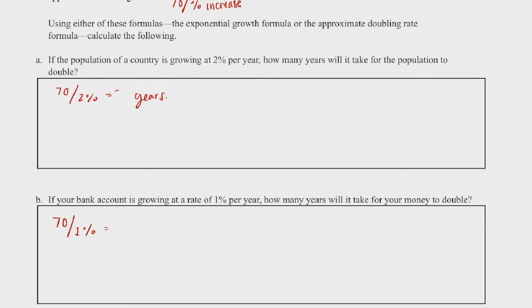Okay, so 35 years. 70 divided by 2%, which is also 0.02, is equal to 35 years. 70 divided by 1%, which is 0.01, is equal to 70 years. So this up here is just the increase.